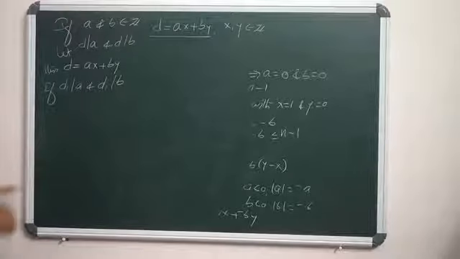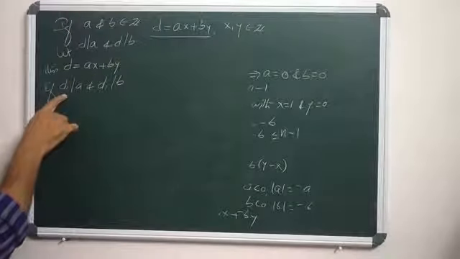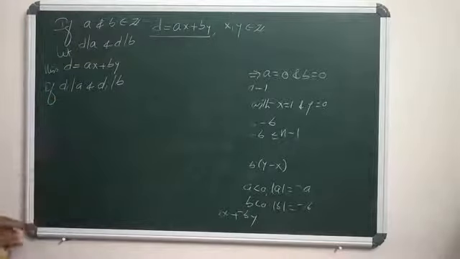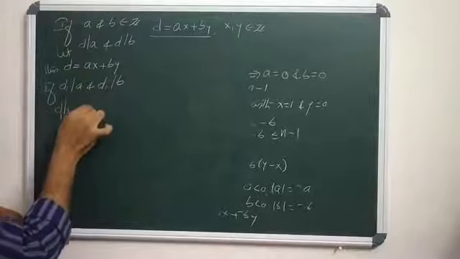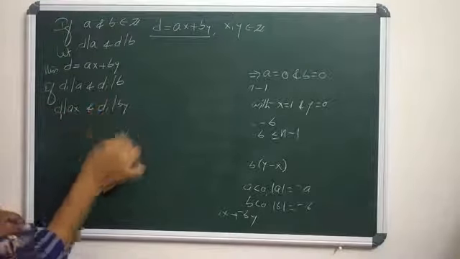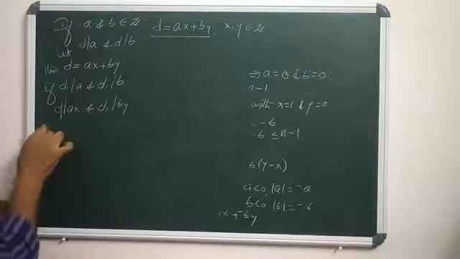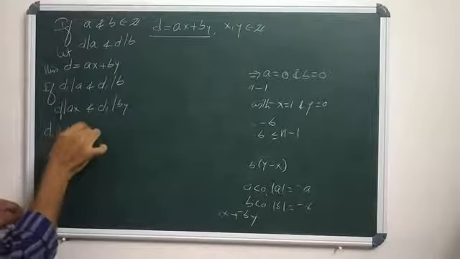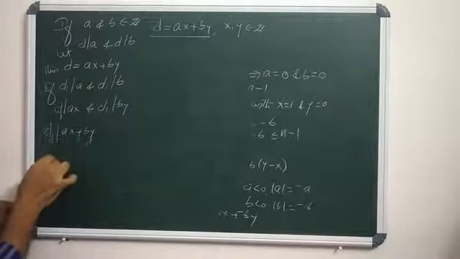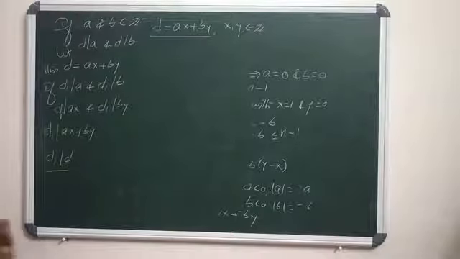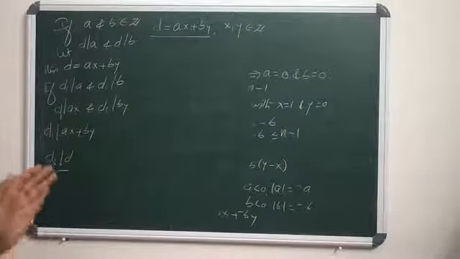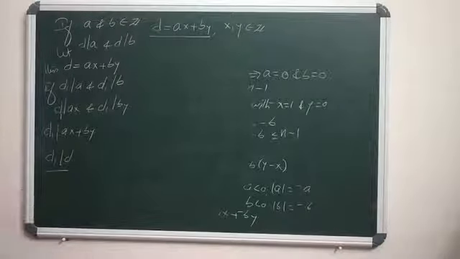How? When d equals ax plus by and d1 divides a and d1 divides b, then clearly this d1 divides ax and d1 divides by. Okay, that means this d1 divides this ax plus by, by the divisibility, that is d1 divides d. Means if d is the common divisor of a and b, that is, if d divides a and d divides b, then every common divisor of this a and b must divide this d also.